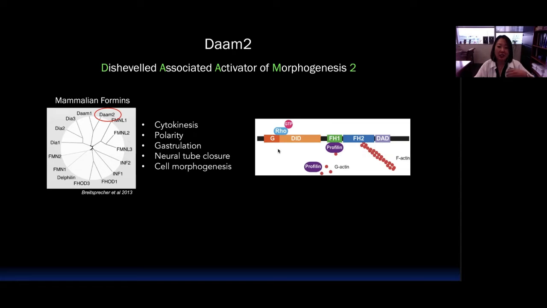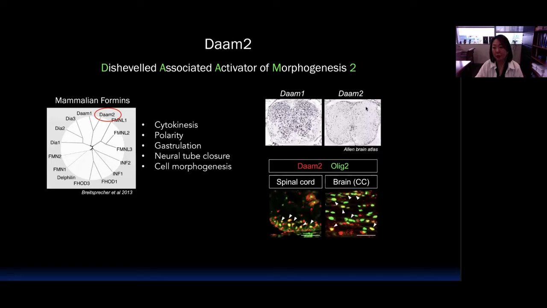As you can see in the structure here, it has a GTPase-binding domain and two formin homology domains. The family has two members, DAAM1 and DAAM2, and DAAM1 is extensively expressed in neurons. However, DAAM2 expression is very restricted to glial cells. That's one of the reasons that we are very interested in DAAM2 function.